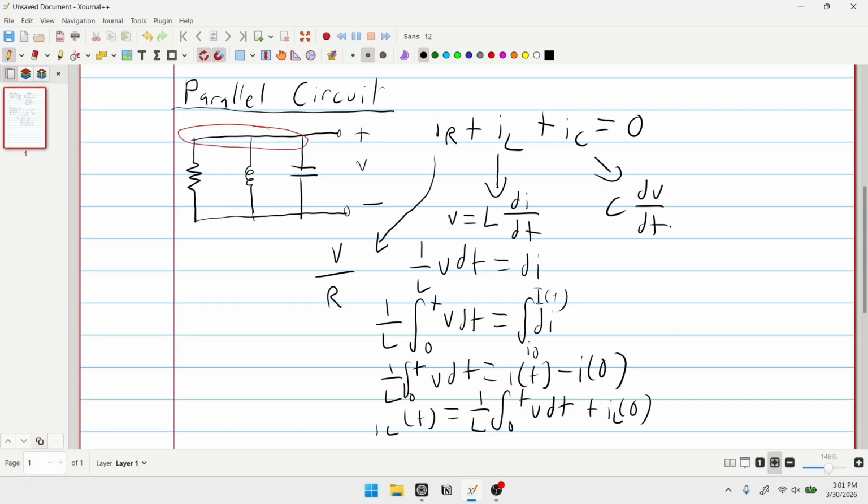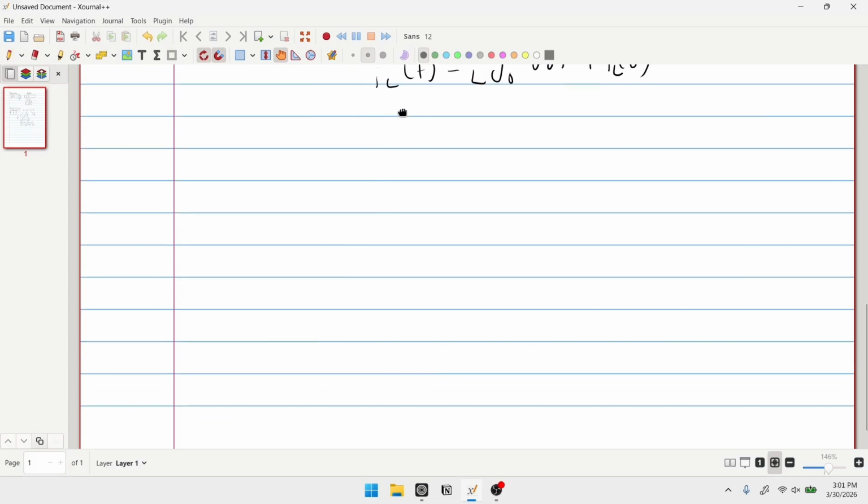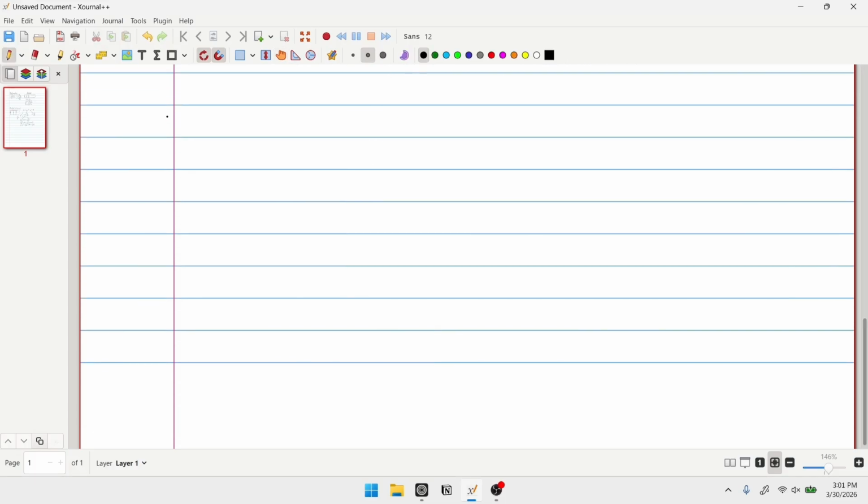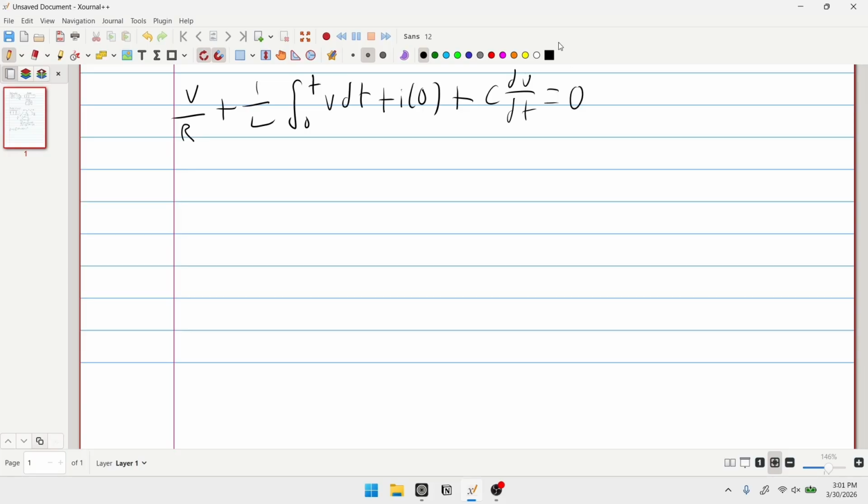So if you put them all together, we get V over R plus 1 over L, integral from 0 to t of V dt, plus I initial, plus C dV/dt, that equals 0. This should be our KCL equation with all of the stuff.